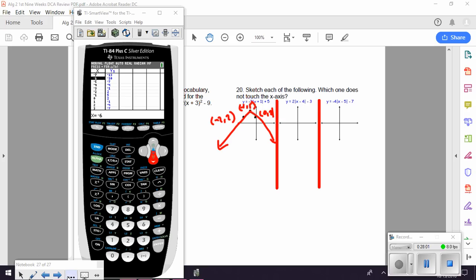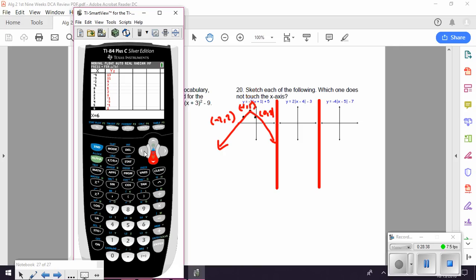All right. Now let me turn off y1, turn on y2, and graph it. So the vertex is at 4 and looks like -2 or -3. So let's look at the table so we can figure that out.